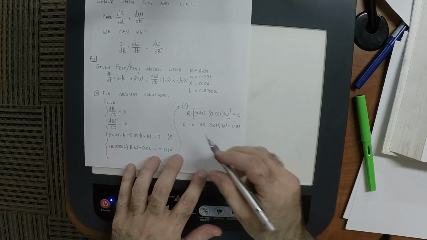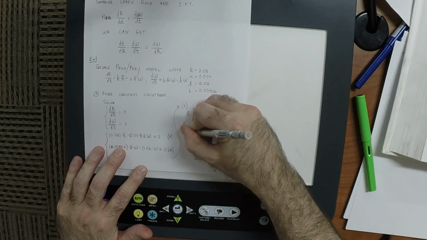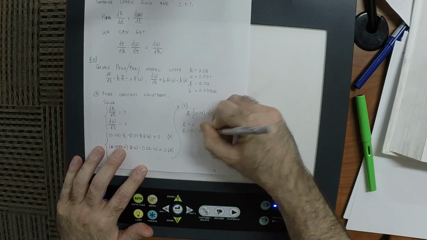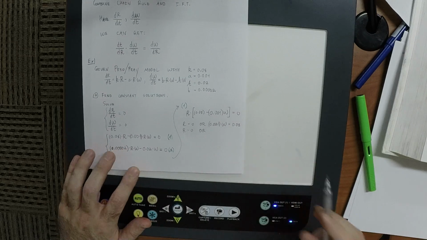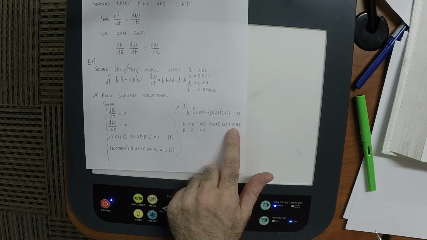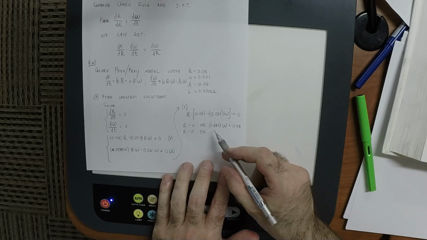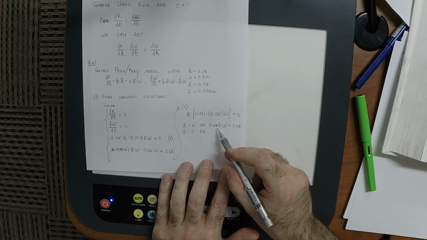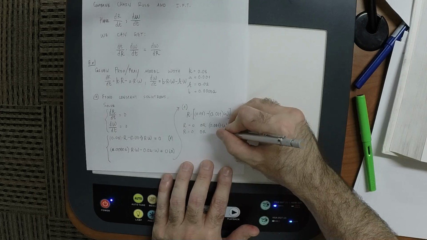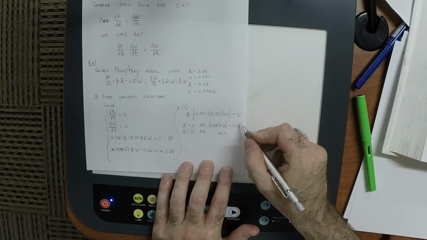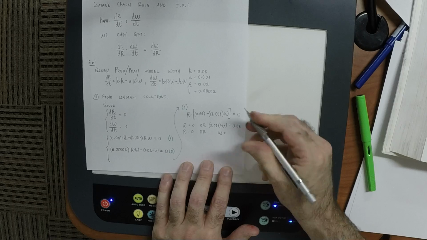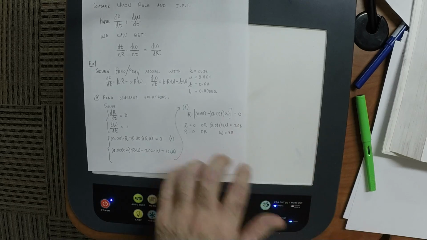All right, so then R is 0, or using my calculator there, we'd want to multiply by 1,000. So W would be 80. Did I do that right?